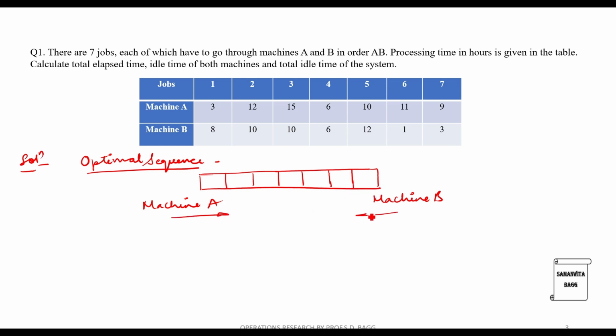A will be read this way, B will be read this way. Now we will start by first figuring out which is the minimum time. We are using Johnson's algorithm.